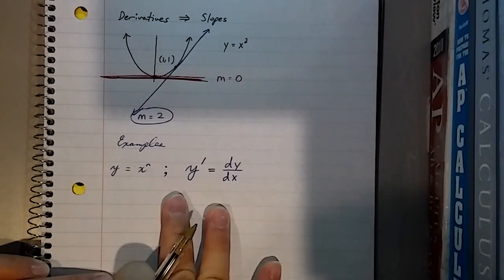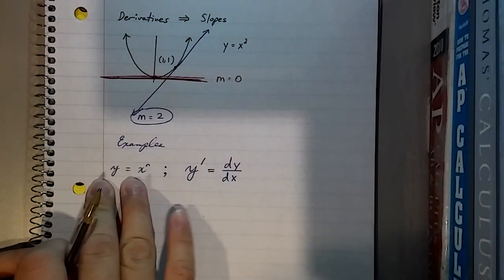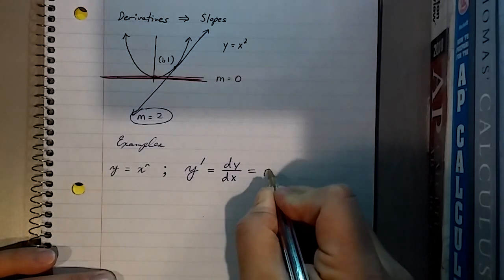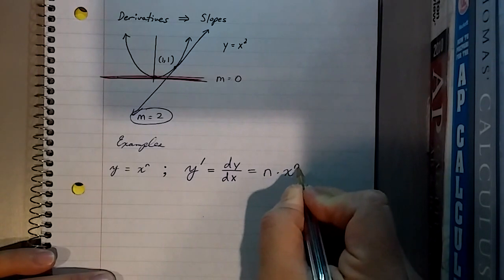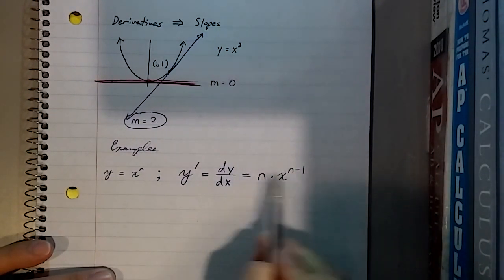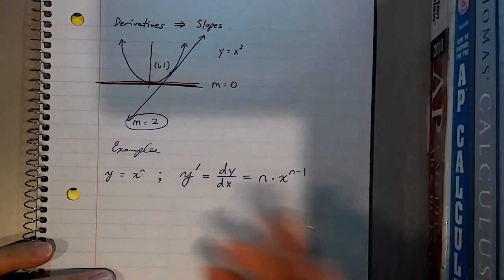Both are acceptable when you're writing a derivative. So the derivative of x to the n is equal to n times x to the n minus 1. So all that happened was the power just goes to the front and the power gets lowered by 1.